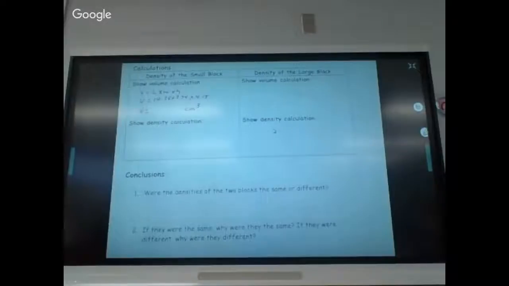All right, here we go. Here's the scale. How many more do I need?